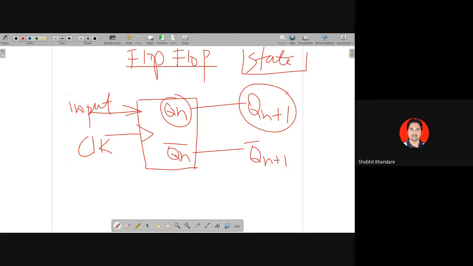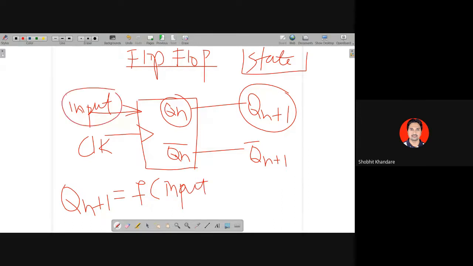Okay, so can I write your output, that is Qn plus 1, is a function of your input, this is your present input, comma Qn?